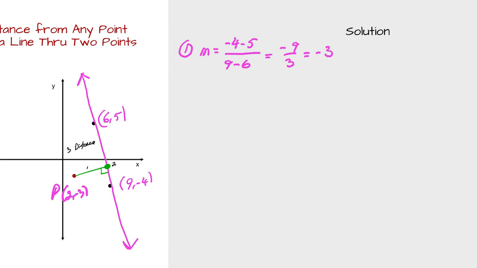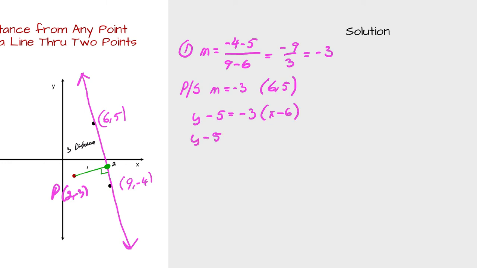To do that, I'm going to use my point slope formula. I know my slope is -3, and it doesn't matter which coordinate I use, but I think I'll use (6, 5). So y minus 5 equals the slope of -3, x minus 6.